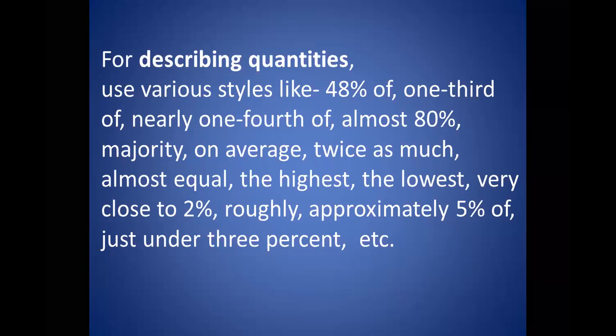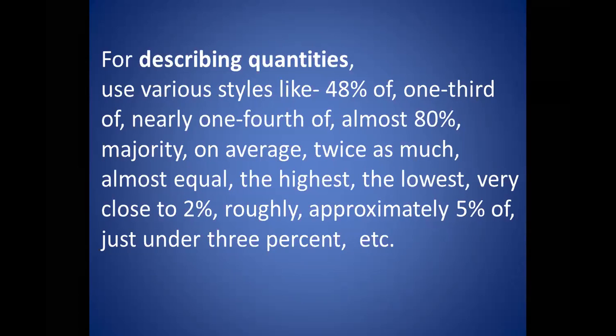If we find that an 80% majority is there, then we can present it like this: almost 80% majority is present in favor of this particular data. On average twice as much, the data has doubled rapidly.